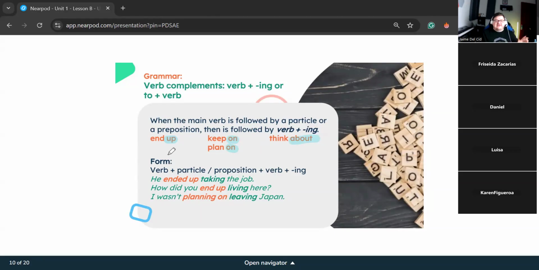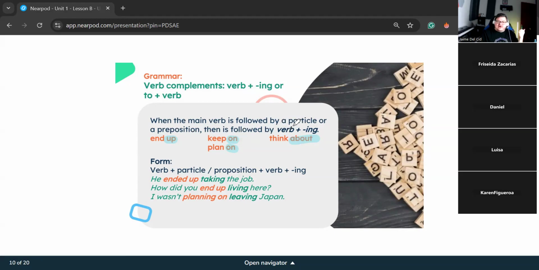Como wake up, take out, go in, etc. So those are verbs which are already verbs that come with the particle, okay? So when you have these verbs like end up, keep on, plan on, think about, these are verbs that are followed by a particle or a preposition.